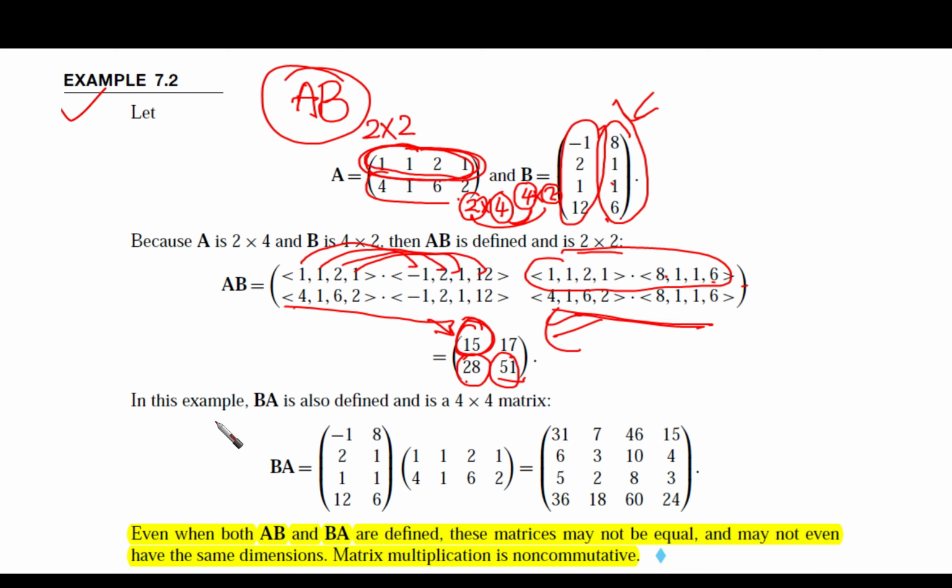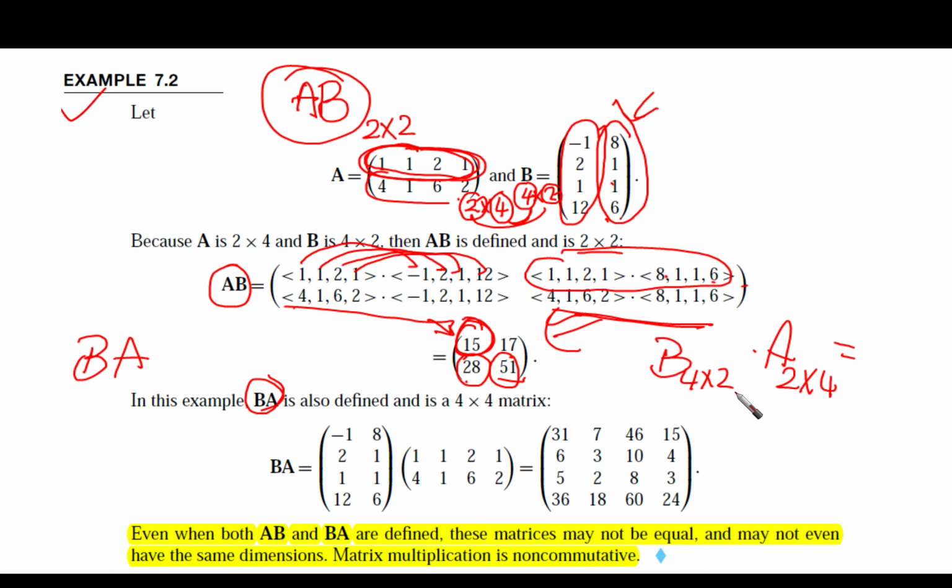In this example, BA is also defined. Oh, so we are now looking at BA, not AB. If I ask you, please define BA, we're going to check that first. B is, as we said, 4 by 2 times A, which is 2 by 4.